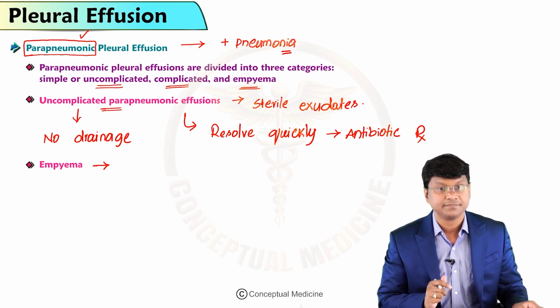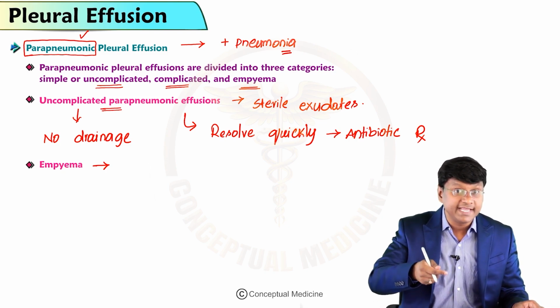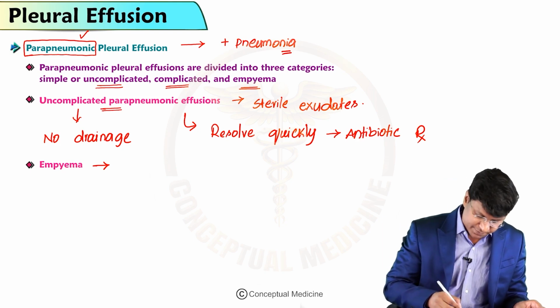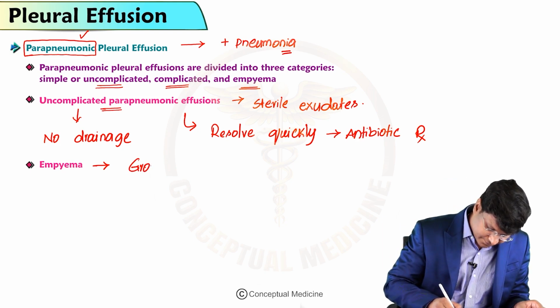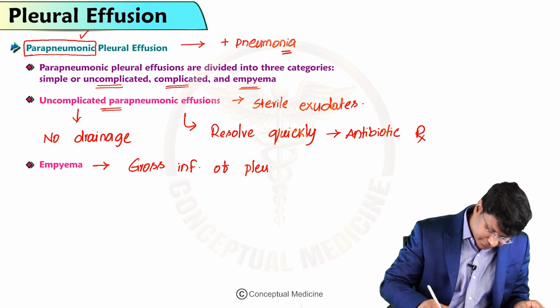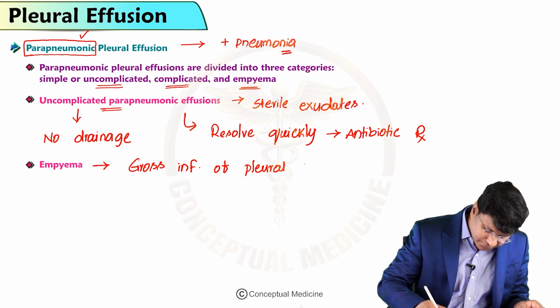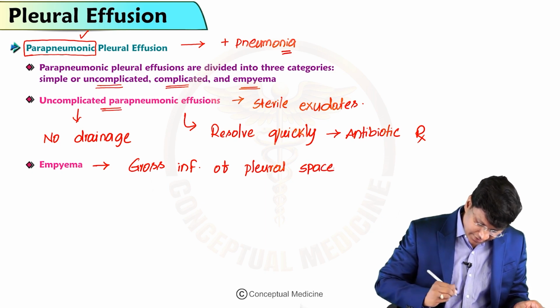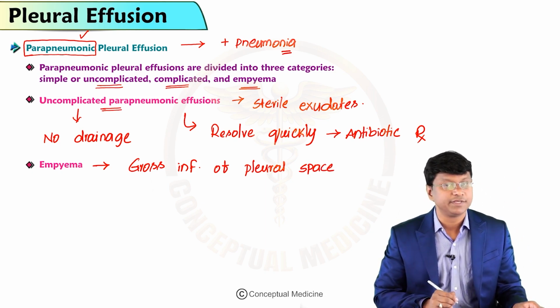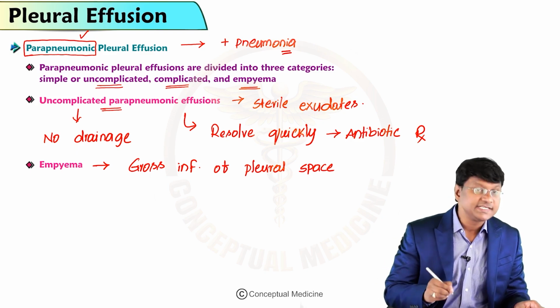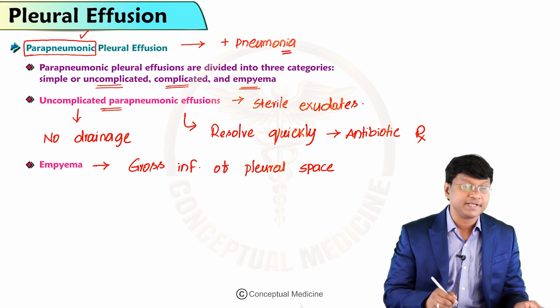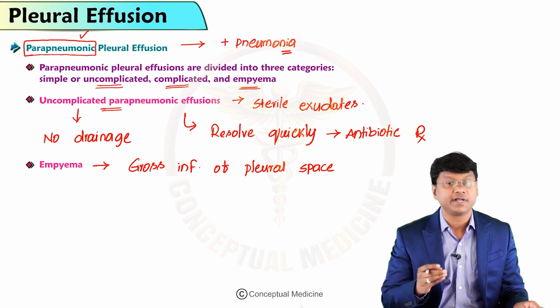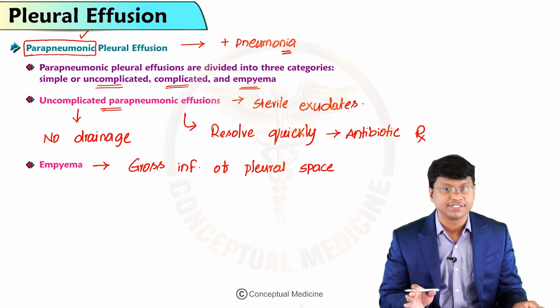Then we have empyema. Empyema is gross infection of the pleural space, and this is indicated by the presence of gram positive or gram negative organisms within the culture.